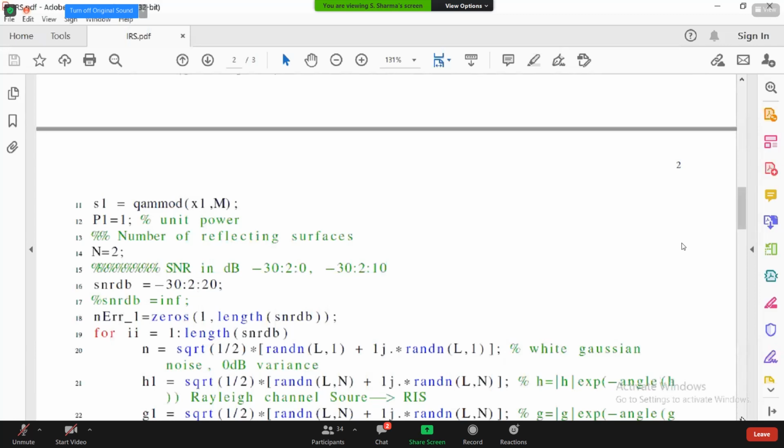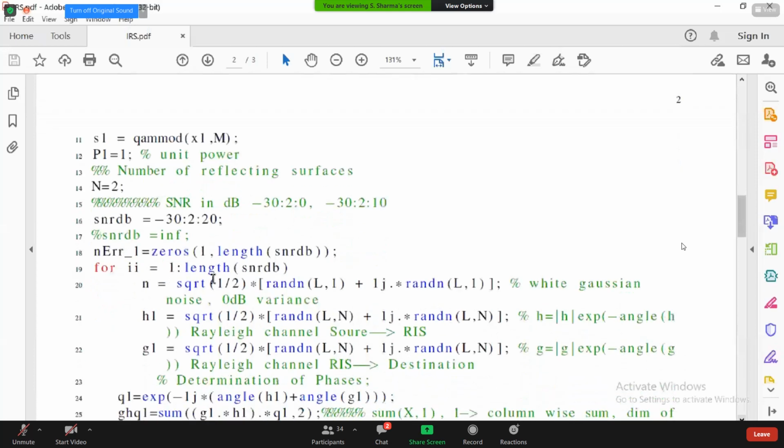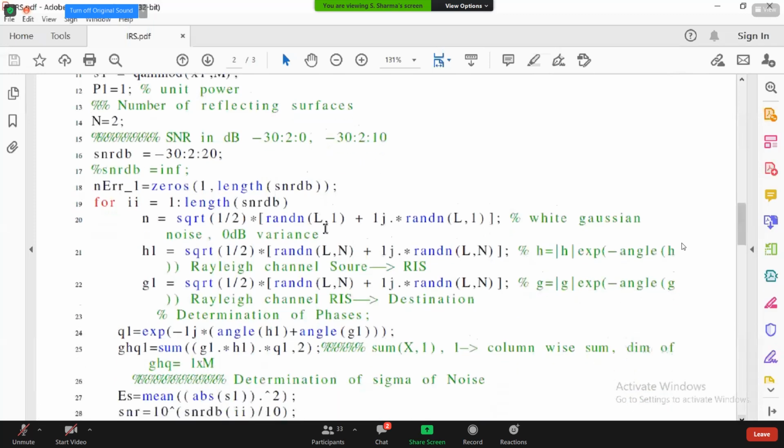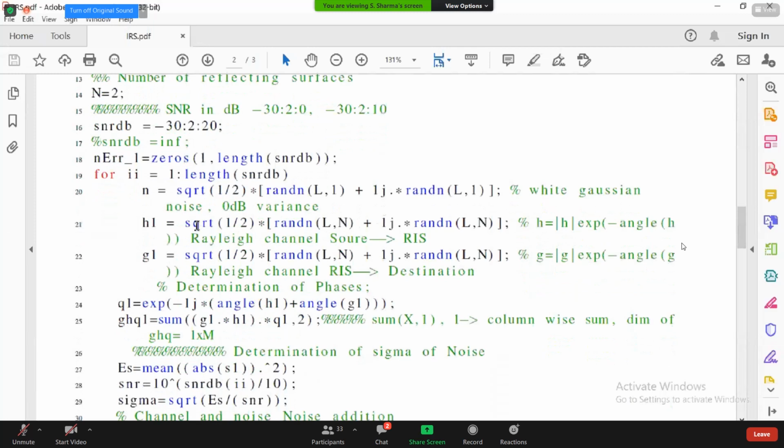Then this is representing the noise, there is an H1, there is a G1. L is the symbols, N is the reflecting surfaces, so that is a matrix. If you have N equal to 1, then both reflecting surface channels are encountered in this one, H1 and G1.